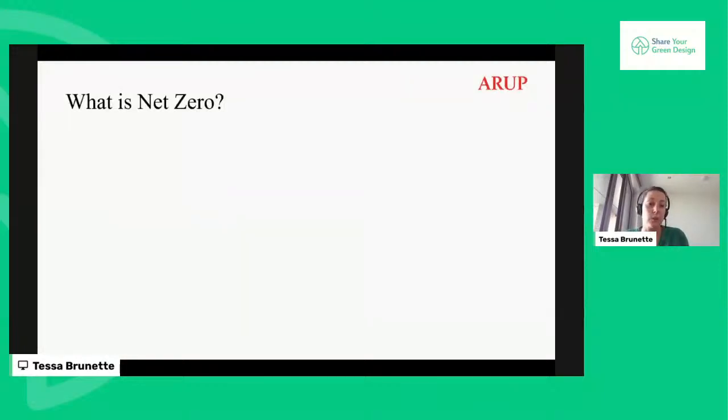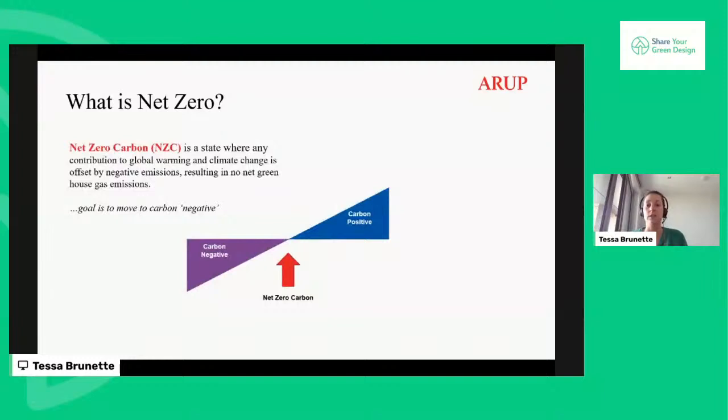So what can we do within the built environment? Well, we all would have heard of the phrase net zero. That's certainly something that's been bandied about quite a lot. But what exactly is it? Well, in summary, net zero is a state that's arrived at when the carbon negative aspects, the bits that extract carbon from the atmosphere fundamentally, are in balance with the carbon positive aspects, the carbon emissions that we make.